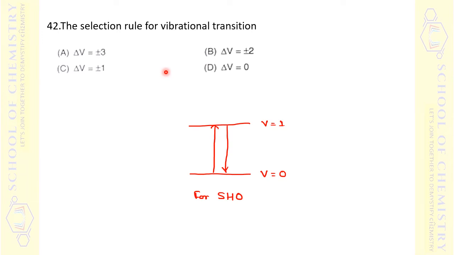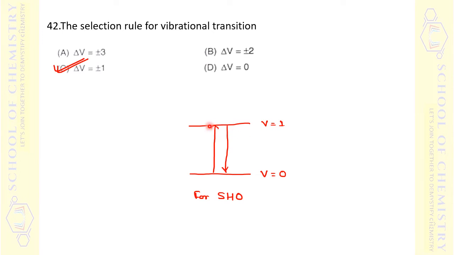Next question, again based on vibrational spectroscopy itself. They have asked the selection rule for vibrational transition. You can readily understand that they are asking it for simple harmonic oscillator, because for anharmonic conditions the selection rule changes, but for harmonic conditions the vibrational transition follows the selection rule delta V is equal to plus or minus 1, that is option C. Which means that if you are in vibrational zero energy level, the ground level, you can move to vibrational energy level 1, right?